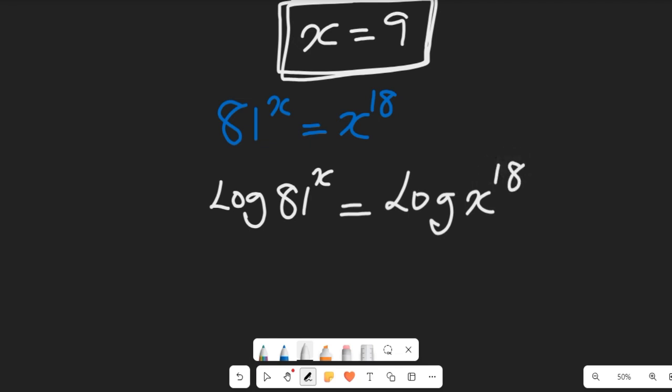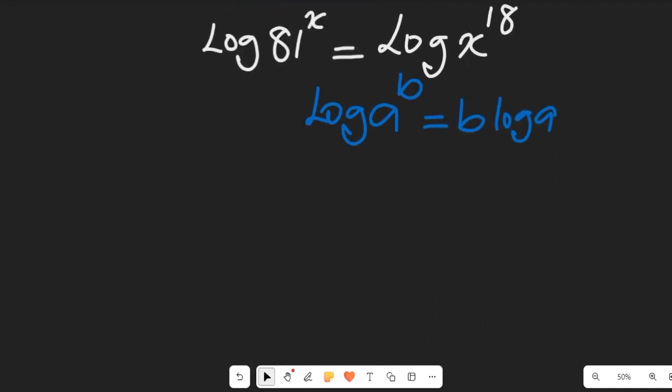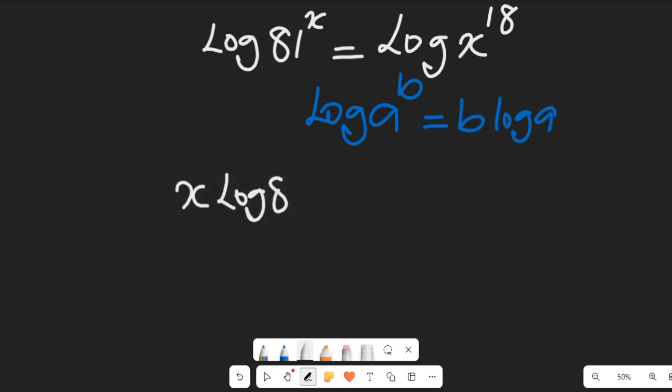According to the law of logarithm, the log of b base a can be equal to b log of a. So from that expression, this exponent will multiply, and then we'll have x log of 81 equal to 18 log of x.